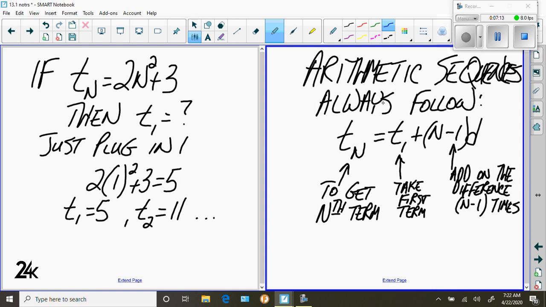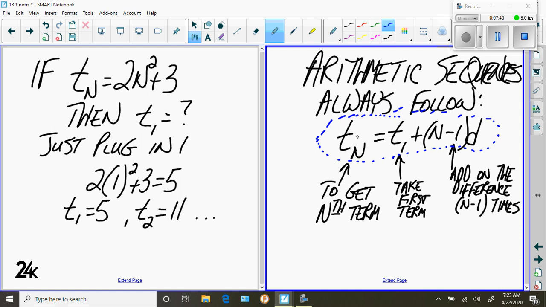An arithmetic sequence follows this equation, the big formula right here. P sub n, in other words, to get the nth term, you take the first term and add on the difference, d, n minus 1 times.